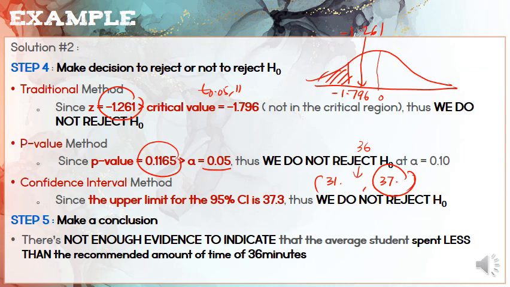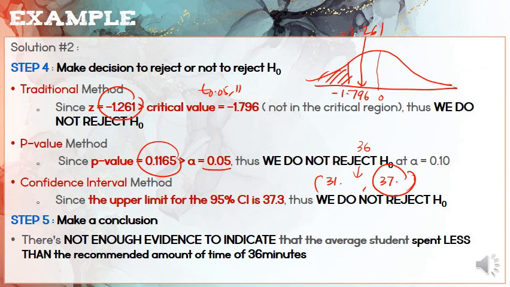So since the upper limit for the 95% CI is 37.3, thus we do not reject our H null, because we are 95% sure that student study hour is between 31 to 37. So upper limit kita 37, which is greater than 36.